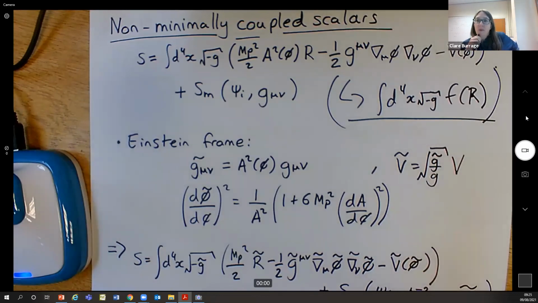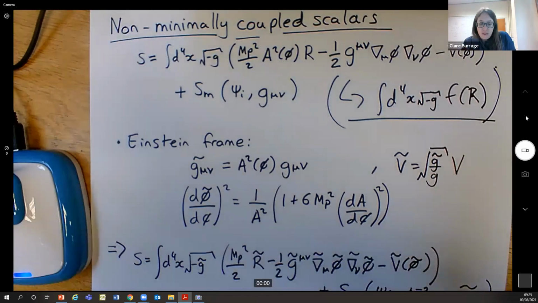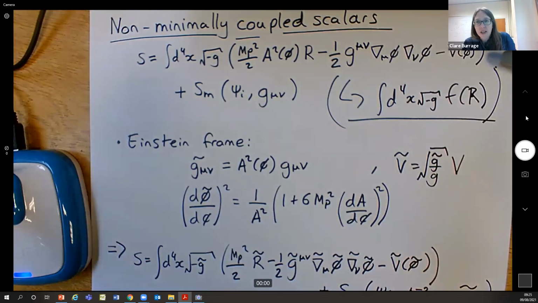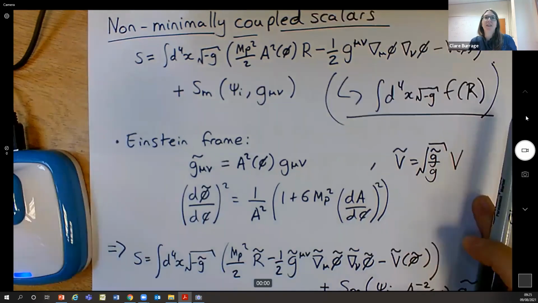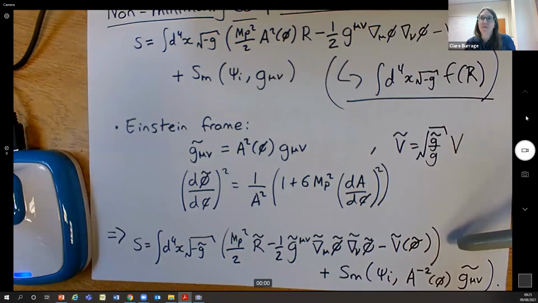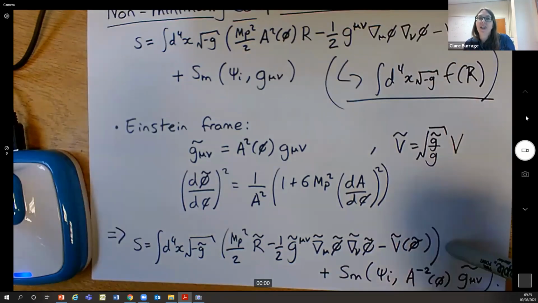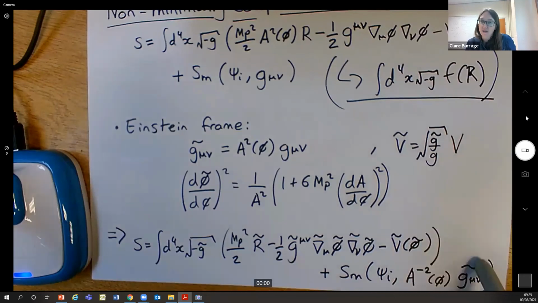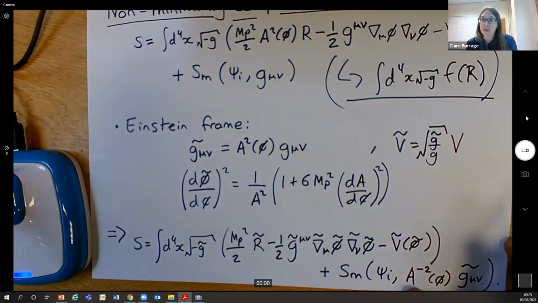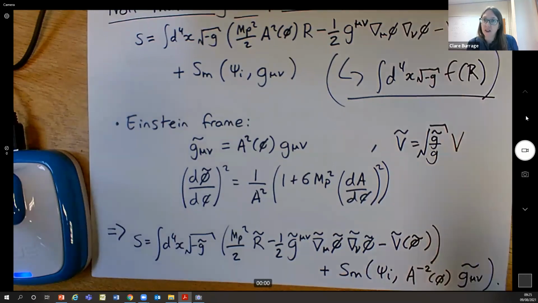But that means that, for example, if you're computing in this first picture, you have to be careful that you're not making the assumption that Newton's constant is constant, or that the Planck scale is constant in your calculations. The equivalent assumption down here is that in this picture, the masses of your matter particles become dependent on the scalar field. So your masses are not necessarily constant during a cosmological evolution.